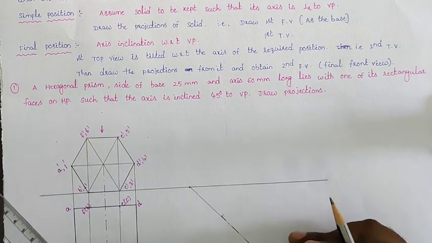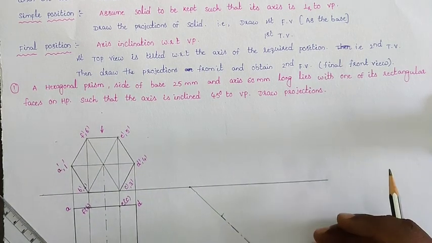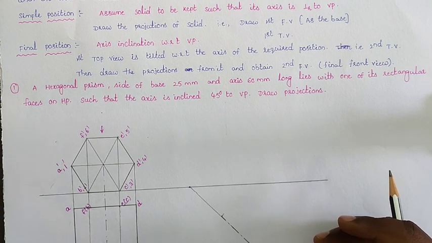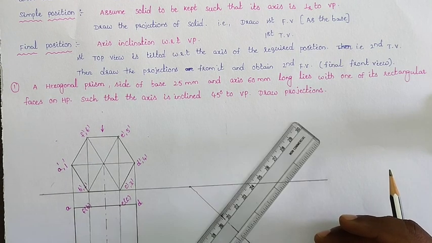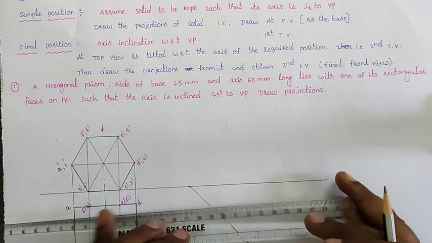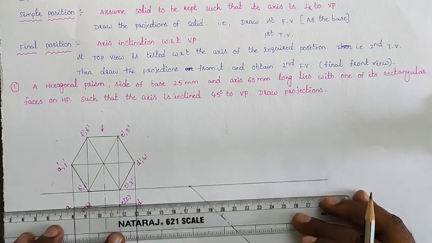And you can tilt these views. One of its rectangular faces, you can take any one of the rectangular faces, A to 1, and tilt it like that. I am measuring the distance, so this one I am tilting that view.